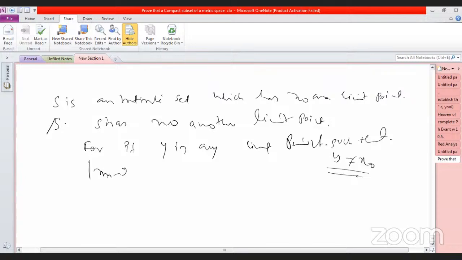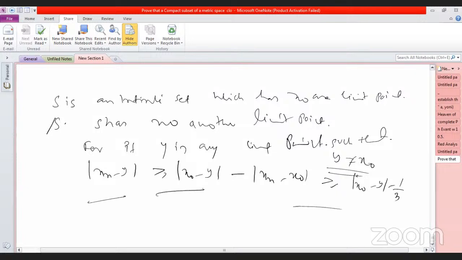Therefore |xn minus y| is greater than or equal to |x naught minus y| minus |xn minus x naught|, which is greater than or equal to |x naught minus y| minus 1 by n, which is greater than or equal to 1 by 2 of |x naught minus y|.